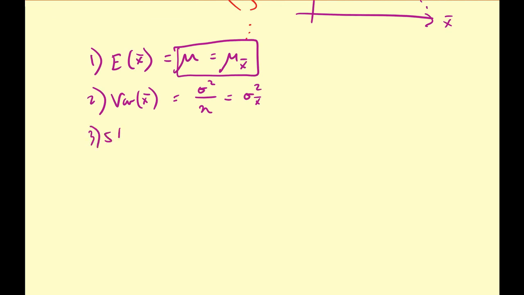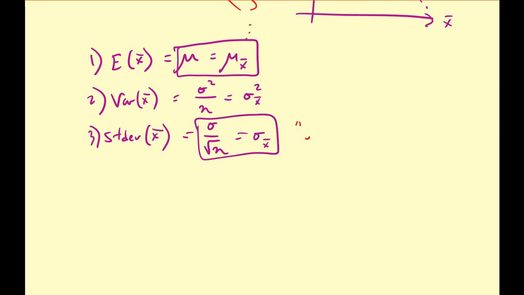And most importantly, the standard deviation of x bar is going to be equal to sigma divided by the square root of n, which we usually write as sigma x bar. This is what we refer to as the standard error of the estimate.